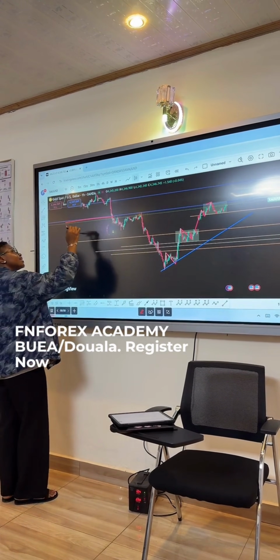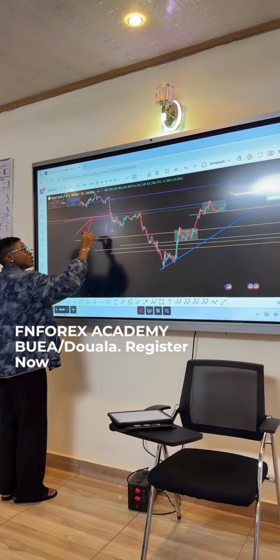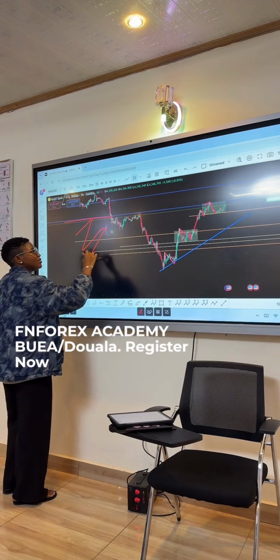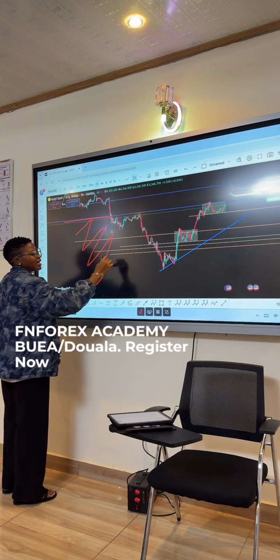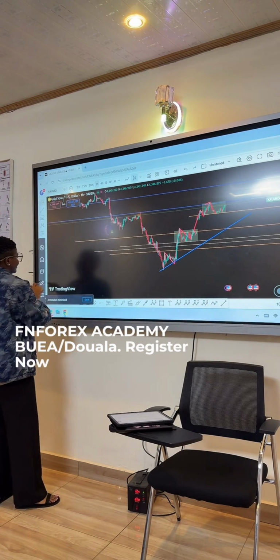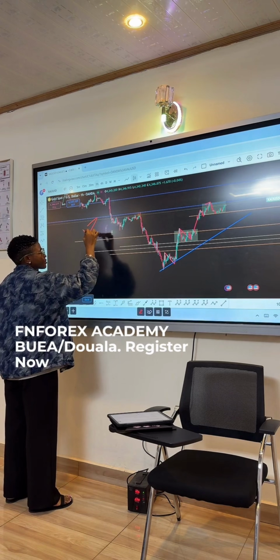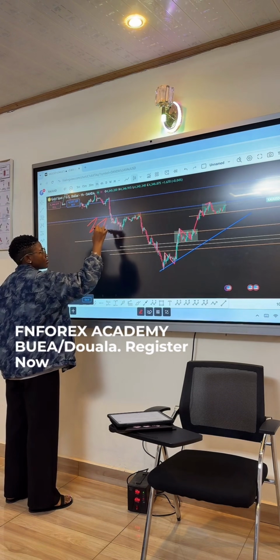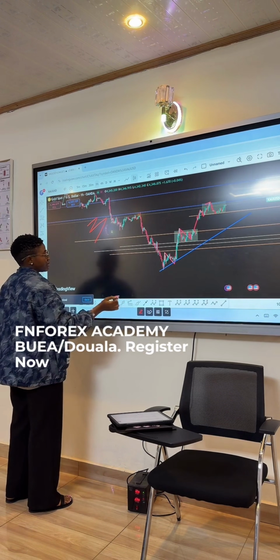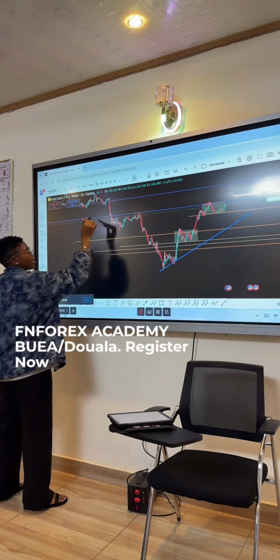It is formed by connecting lower highs, lower lows, lower highs, lower lows. What am I doing? Yeah, we're making this, on the lower high.